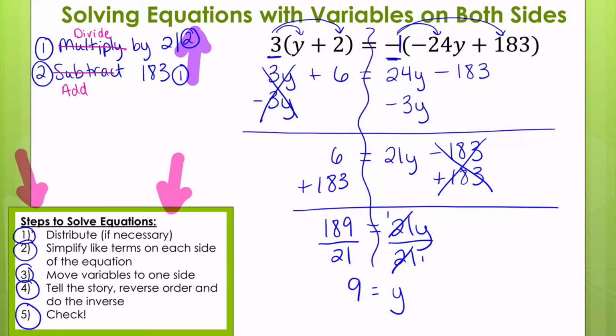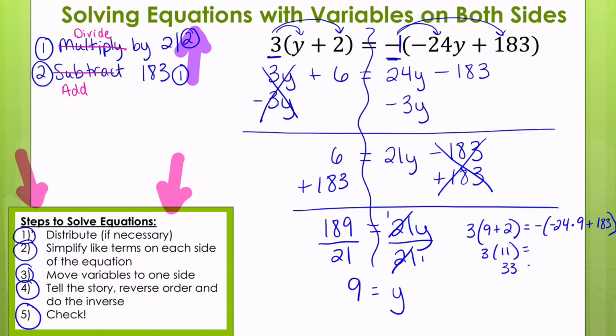My last step is I need to check this, so I'm going to go ahead and plug in 9 back into my original equation. So I have 3 times 9 plus 2, which equals the opposite of negative 24 times 9 plus 183. Okay, I'm going to simplify using order of operations.